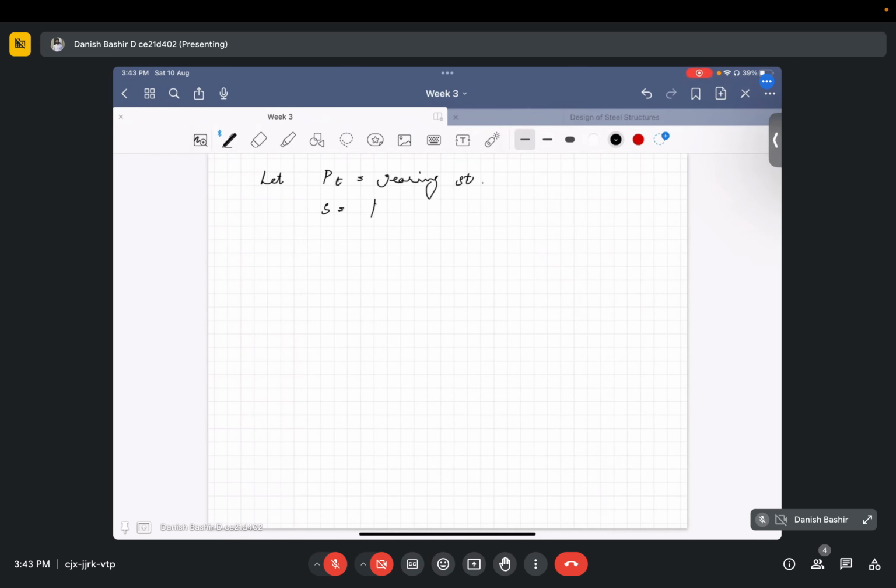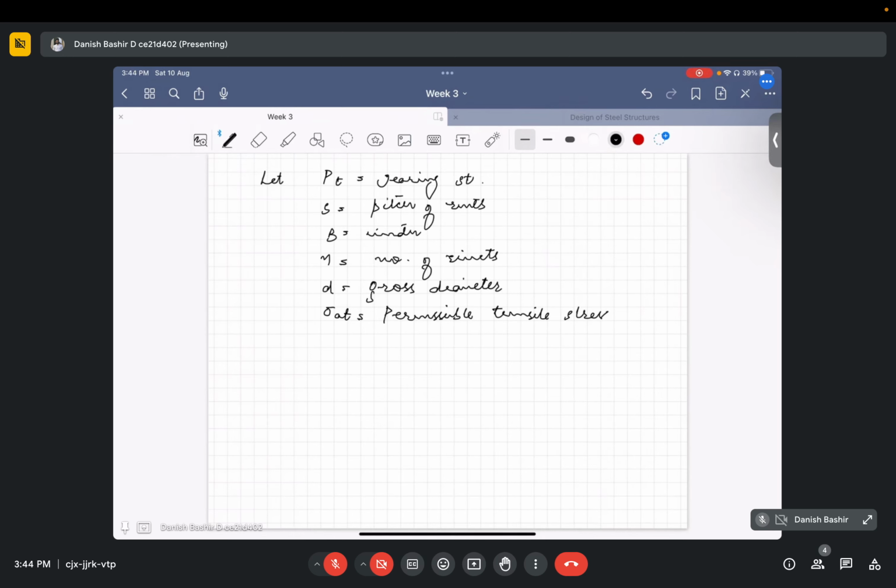Let S be the pitch of rivets, B the width of plate, N the number of rivets in section, D the gross diameter, and sigma AT the permissible tensile stress in plate, which is actually given as 0.6 of yield stress, Fy.